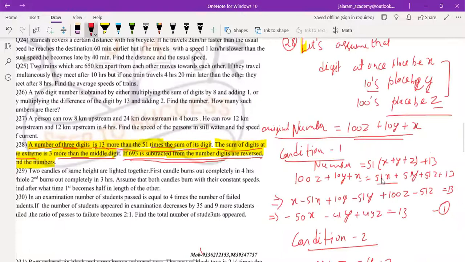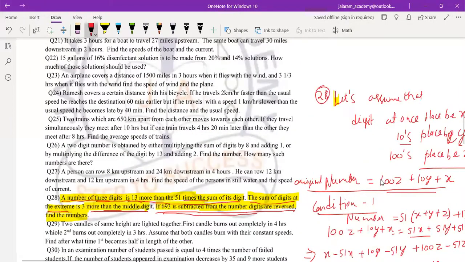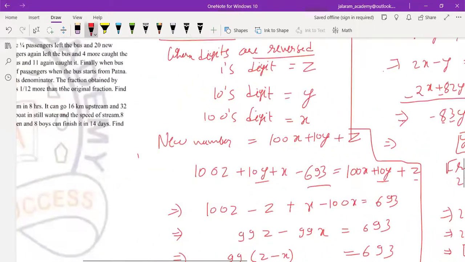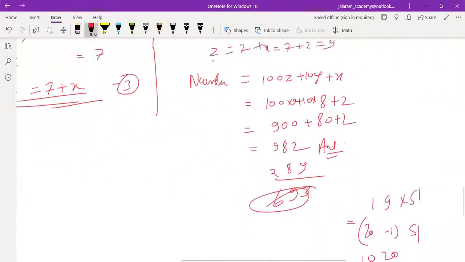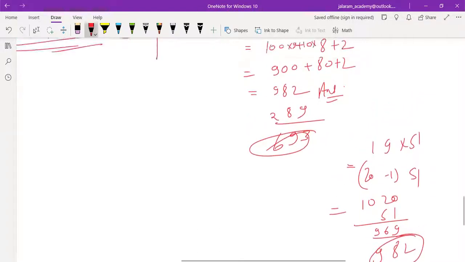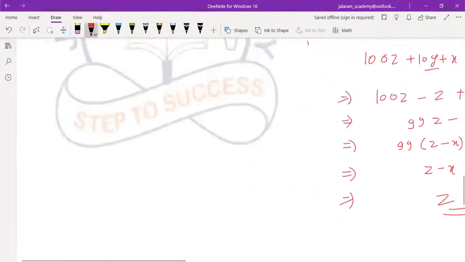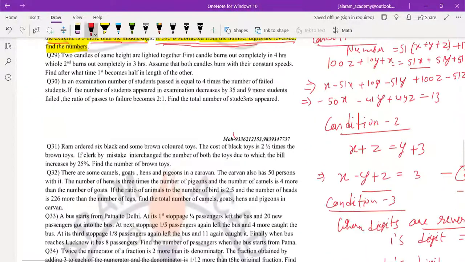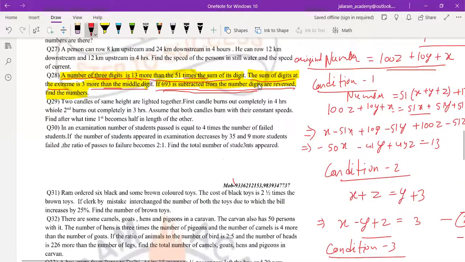According to the question, it is written that 13 more than 51 times the sum of digits, and is it the number itself? Yes. So our first condition is correct, the third condition is correct, and only one condition remains now.